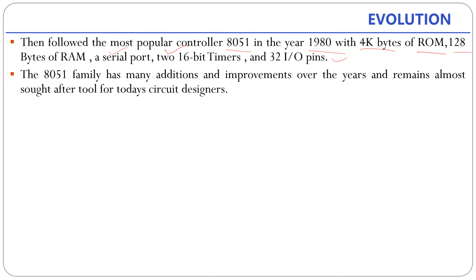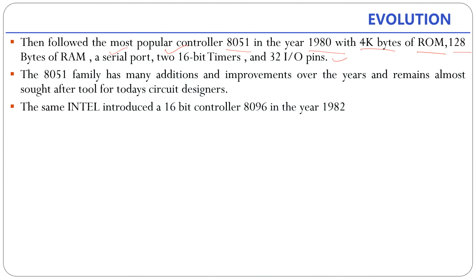The 8051 family has had many additions and improvements over the years and remains a much sought-after tool for circuit designers. The same company, Intel, introduced a 16-bit microcontroller, the 8098, in the year 1982.